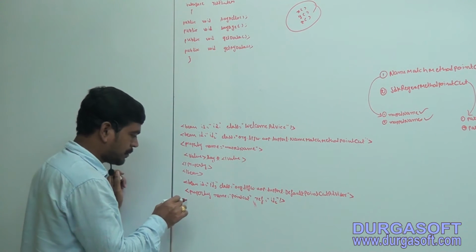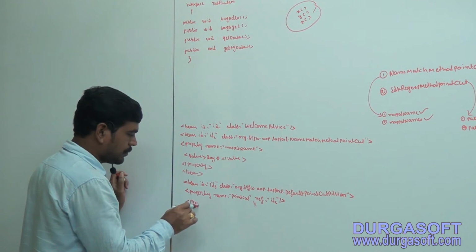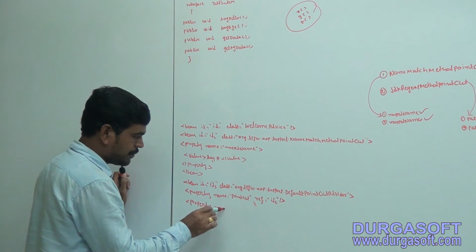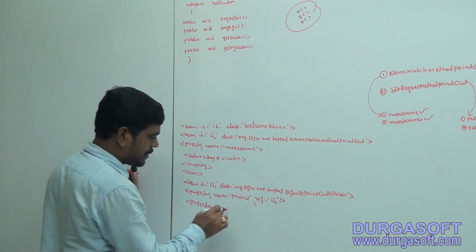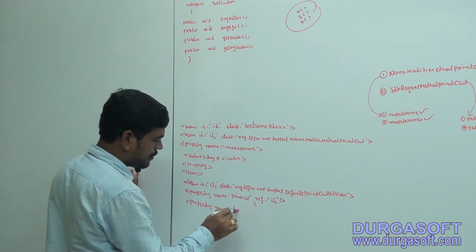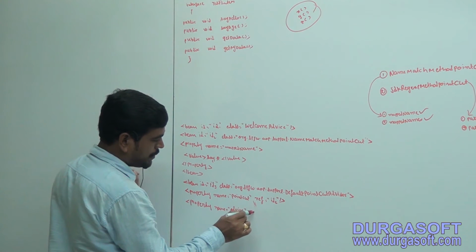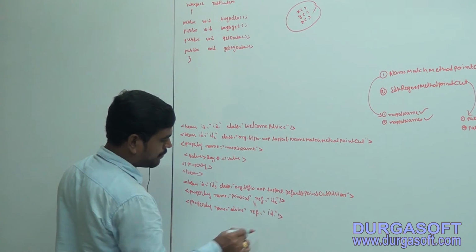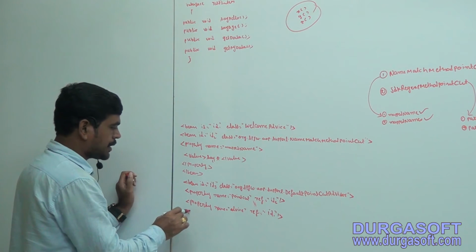The next, property name is equal to advice, ref is equal to id1. Then close the bean.